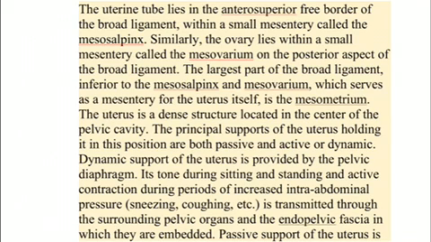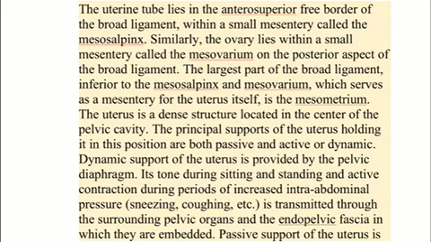Dynamic support of the uterus is provided by the pelvic diaphragm. The tone of the pelvic diaphragm when one is seated and standing, and the active contraction that occurs during periods of increased intra-abdominal pressure, like when you're sneezing or coughing, is transmitted through the surrounding pelvic organs and the endopelvic fascia in which they are embedded, as the uterus is embedded and the other pelvic organs.